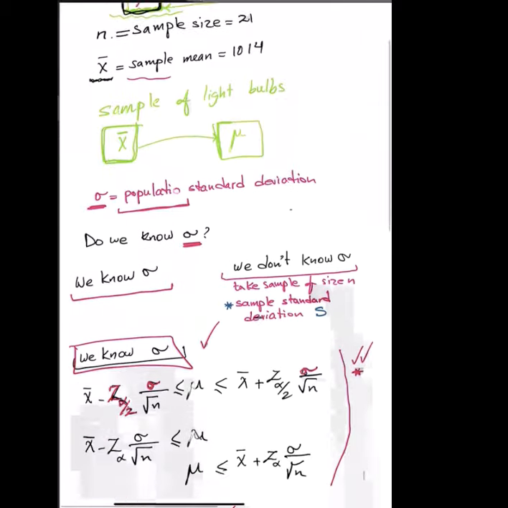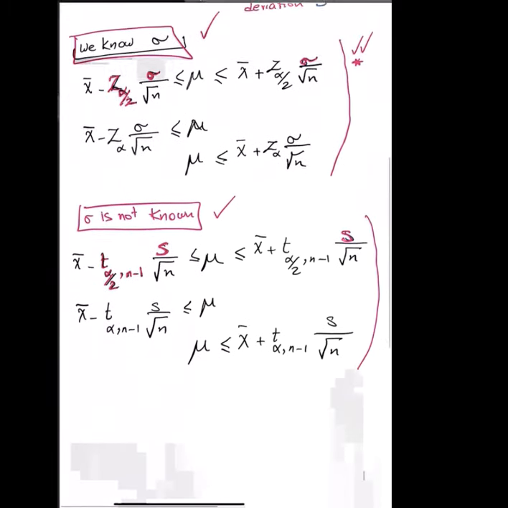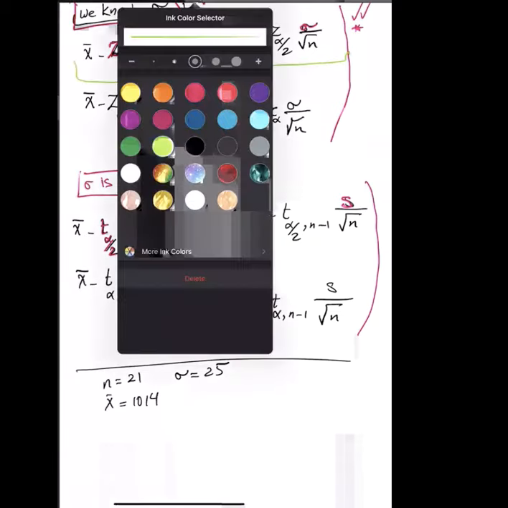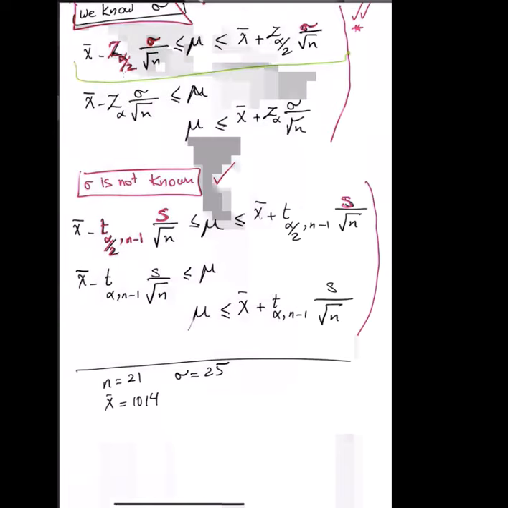In this example, the sample size N is 21, the sample average X bar is 1014, and sigma is 25. So all I need to do is plug in the numbers.